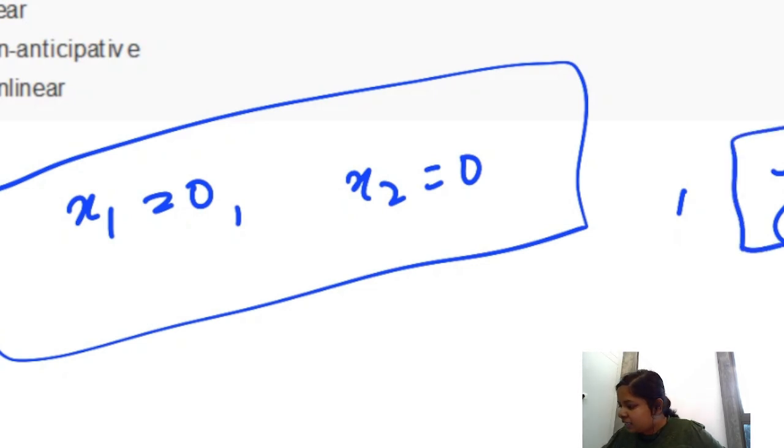The system is anticipatory here. Whereas in a causal system you have dependencies only on past things, so you are not going to have any output if no input is present. So a causal system is always non-anticipatory.